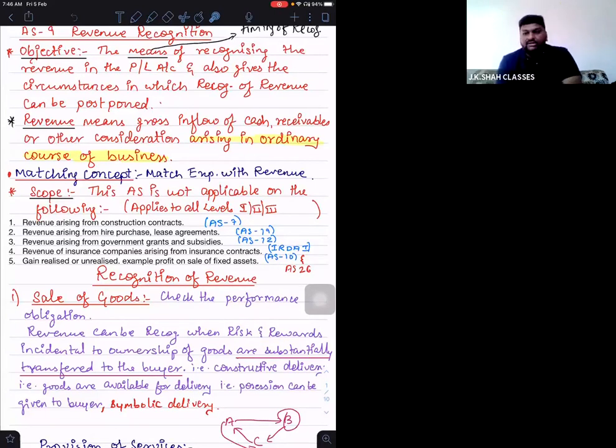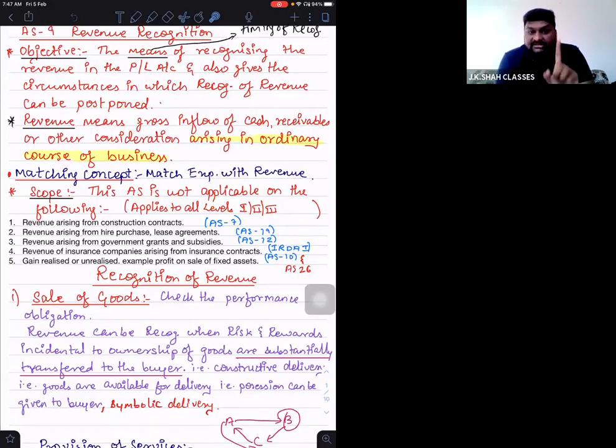Sir, what is the second condition? There is no uncertainty of ultimate collection. There is no uncertainty about the ultimate collection at the time of sale. In simple terms, when you are making the sale, you are pretty sure that you are going to collect the money from your customer.